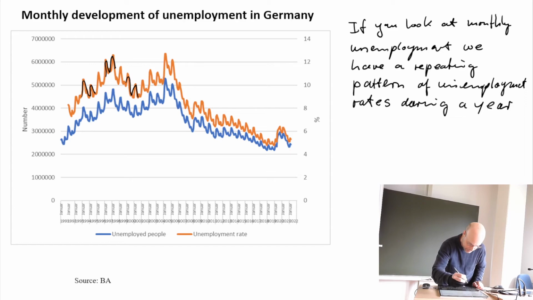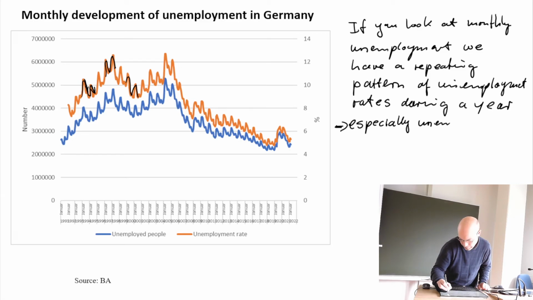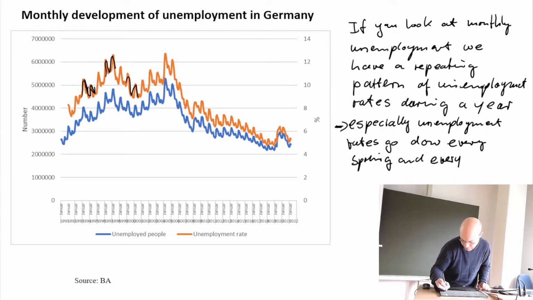So actually, if we have a deeper look inside, then we see that in every spring the unemployment rates go down, and every autumn unemployment rates go down.